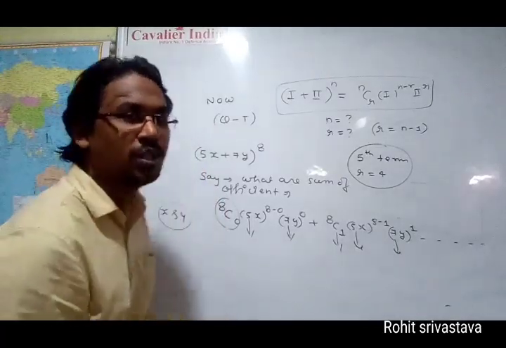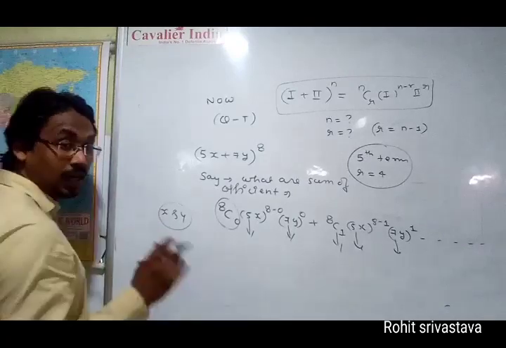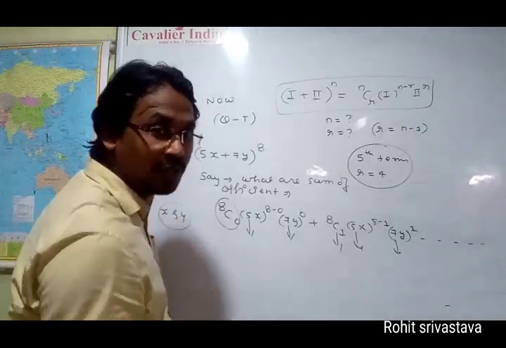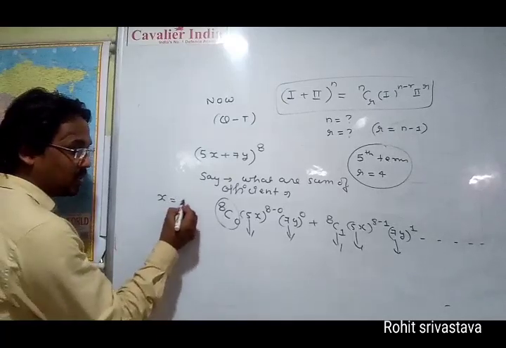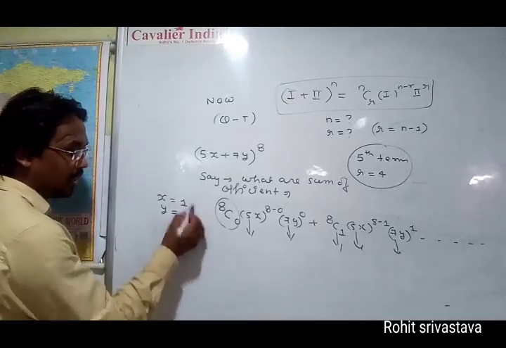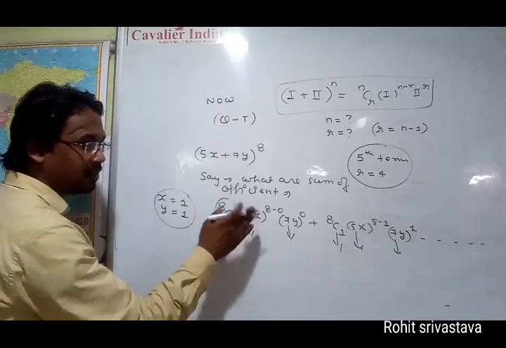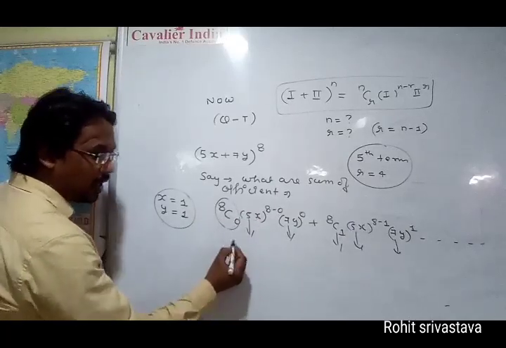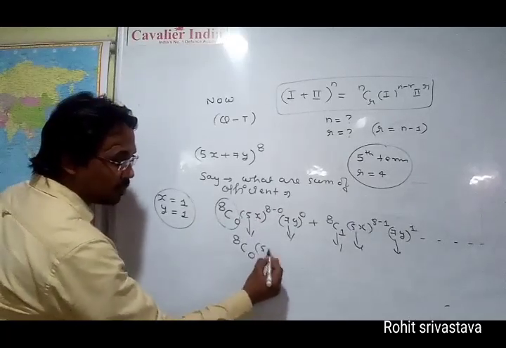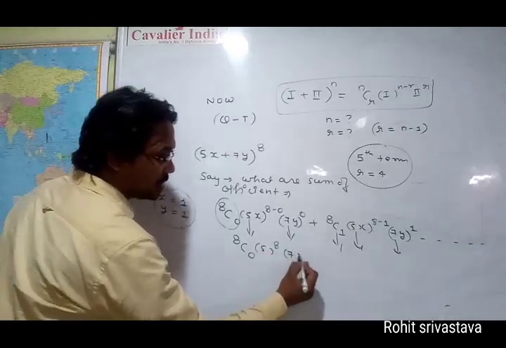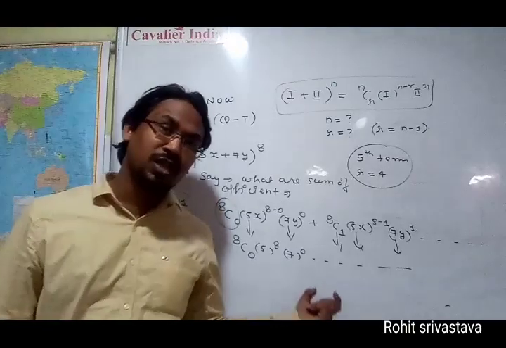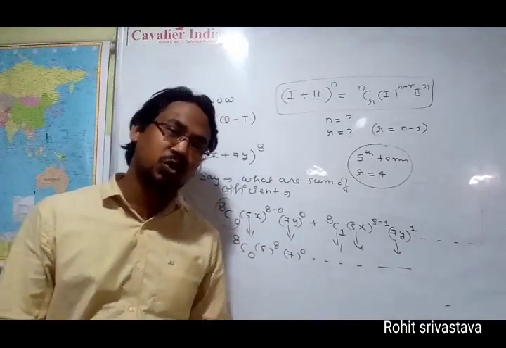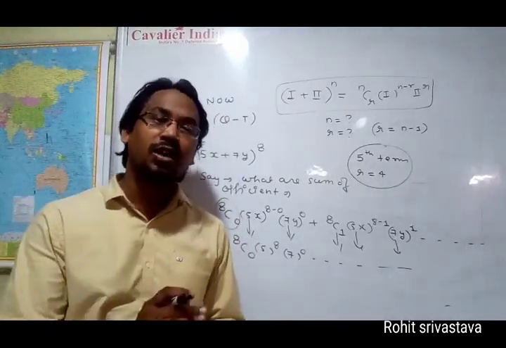It means you can use the same procedure I told you earlier: take x as 1, take y as 1 and keep it here. After doing it, it will again be 8C0, 5 to the power 8, 7 to the power 0. Again it is so lengthy. We have to expand it, we have to solve it. It will spend lots of our time.